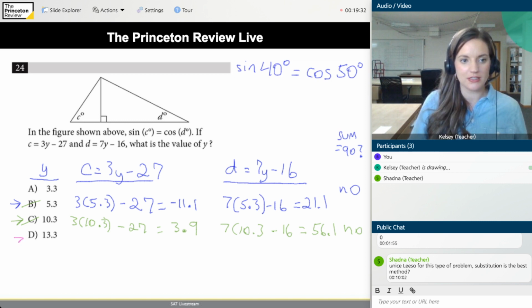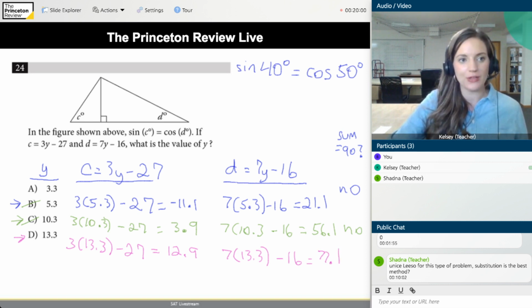So let's try D. If y is 13.3, we can do it exactly the same way. Punch this right into our calculator. 3 times 13.3 minus 27. That gives us 12.9. Same thing here. 7 times 13.3 minus 16 gives us 77.1.